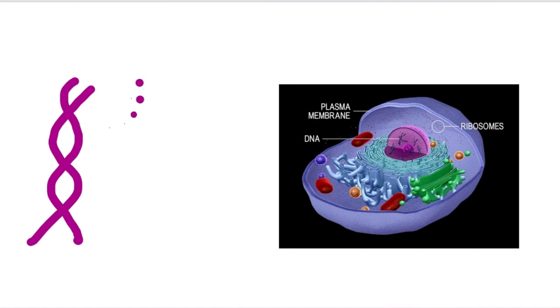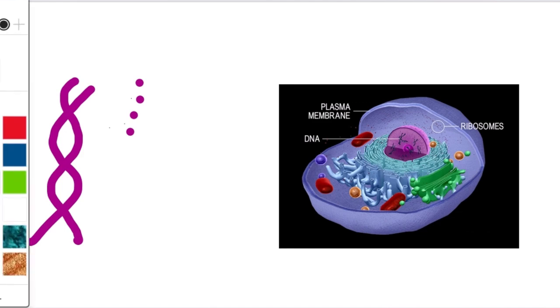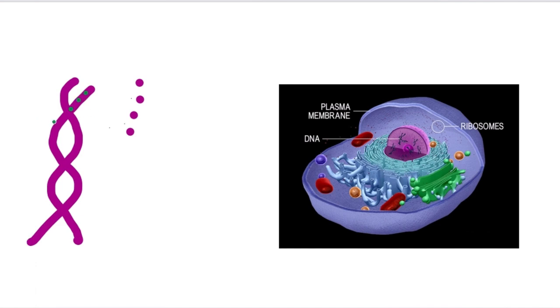We all know it is genes. Genes are arranged. Let me take another color to differentiate. So the genes present here in this, just imagine how many generations of genes will be present here.